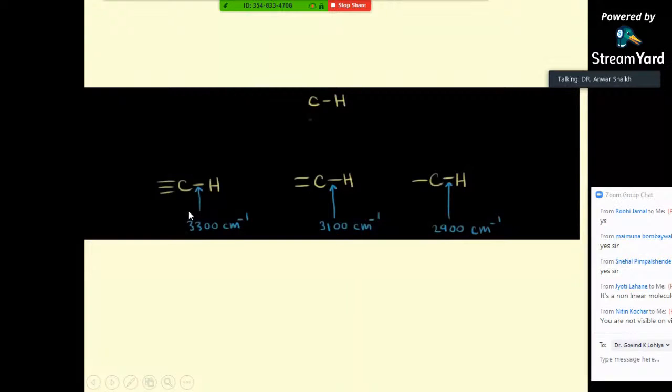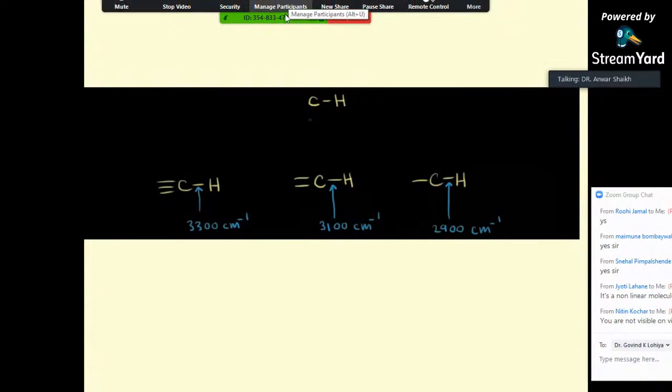That's why the hydrogen which is connected to the sp carbon is giving a peak in the region of 3300. Always remember this. If the hydrogen is connected to the triple bonded carbon, it is giving a peak in the range of 3300 per centimeter. Now in this case, the same hydrogen is connected to a double bonded carbon, meaning it is an sp2 hybridized carbon. sp2 hybridized carbon means what? It is having 33 percent s character, because in sp2, s is only one and p is twice, so the s character is coming to only 33 percent.